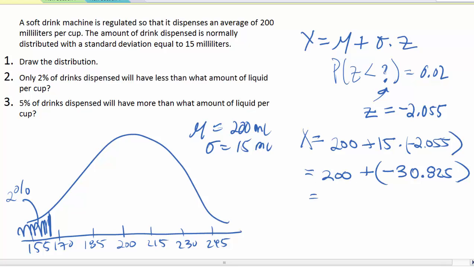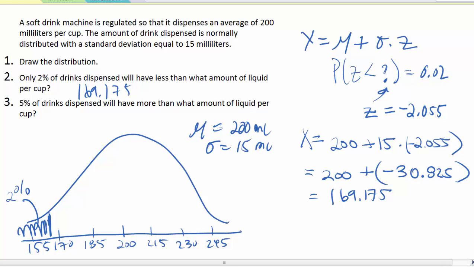Now remember, when I add a negative, it's the same as just subtracting that value. So this is equal to 169.175. So that is the amount of drink in which only 2% of the cups dispensed will be less than. This seems to make sense according to where we drew it on our distribution. So it seems like a pretty good answer for this.